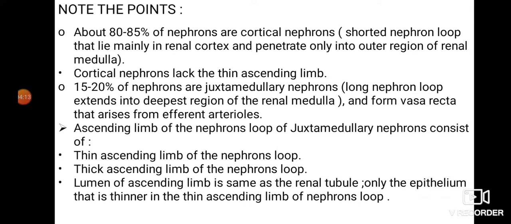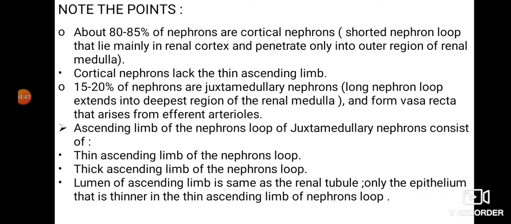Next, the ascending limb of the juxtamedullary nephron consists of a thick and a thin ascending limb of the nephron. The difference between the thick and thin ascending loop of nephron is only the epithelium, that is thinner in the thin ascending loop of nephron.